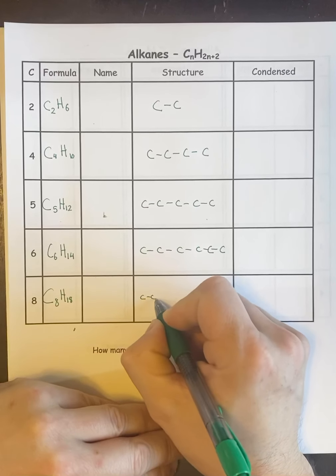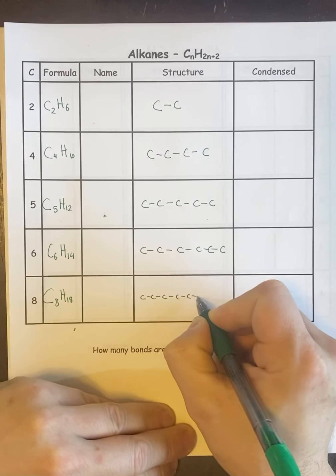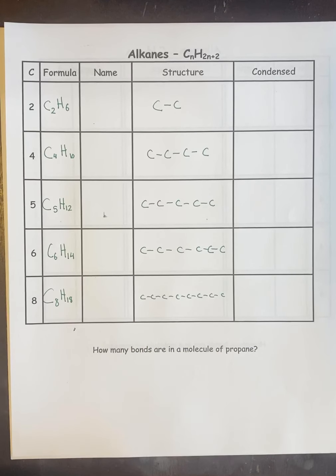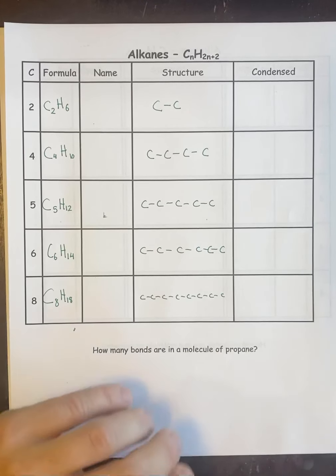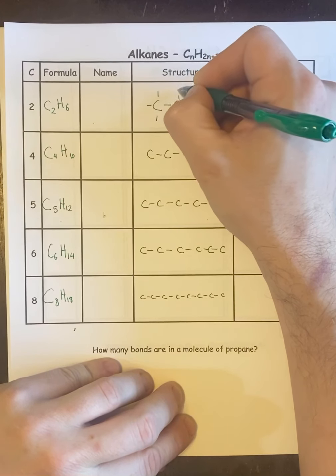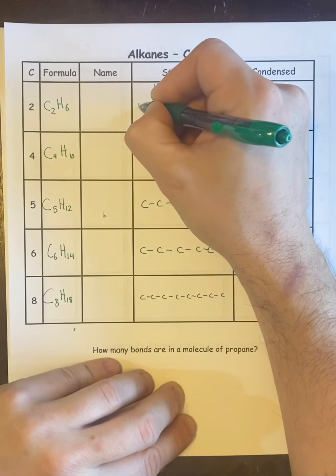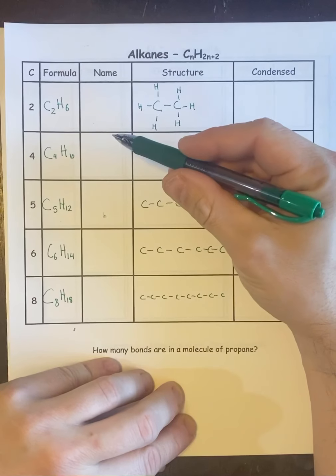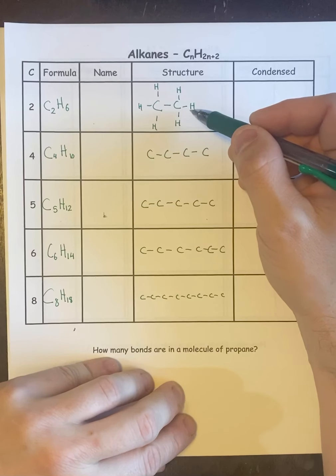And this one has 8. So now we are going to add our H's. There's my 6 H's. Every carbon has 4 bonds, which is what I'm looking for.